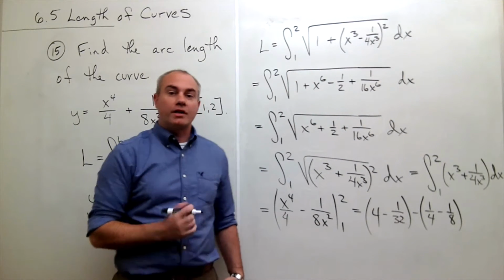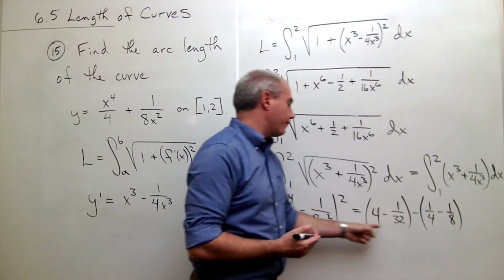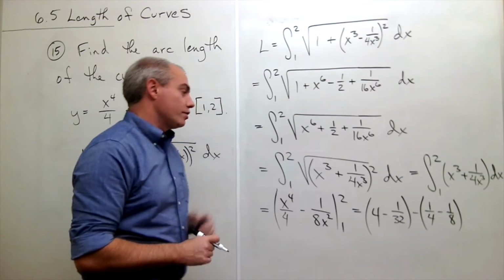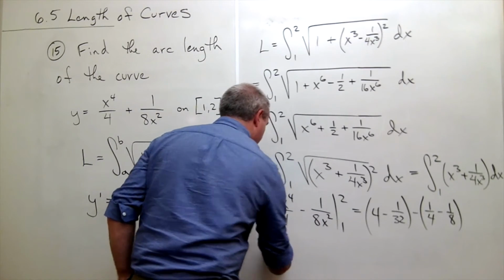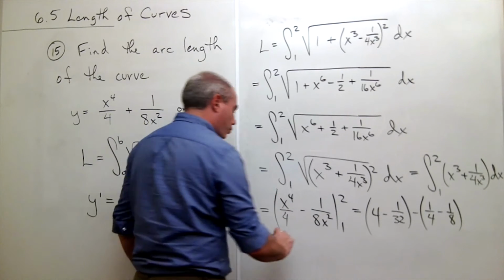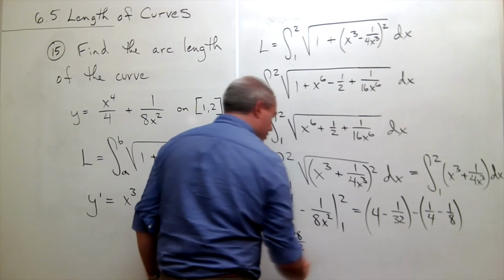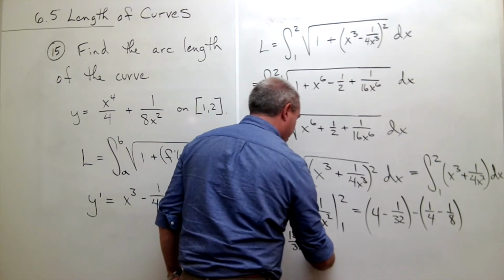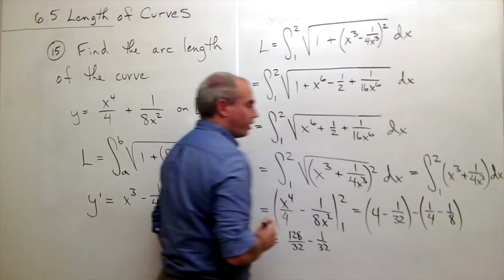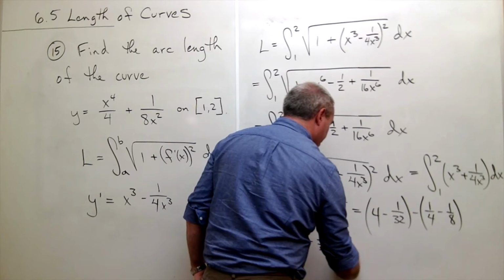Okay, we're very close. Let's just finish it off. A common denominator for all of these would be 32. So let's get everything into a common denominator. 4 is 128 over 32. Minus 1 over 32. Then I get minus a 4th, which is minus 8 over 32.